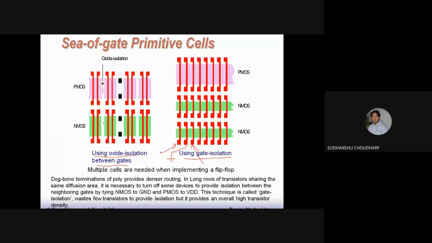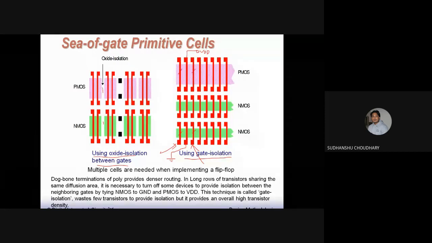So that means I have isolated this transistor and this transistor. Similarly, for PMOS, the isolation can be done. So these two transistors can be isolated by connecting this gate to VDD, right? So this is how gate isolation can be done in sea of gate or gate array technique.